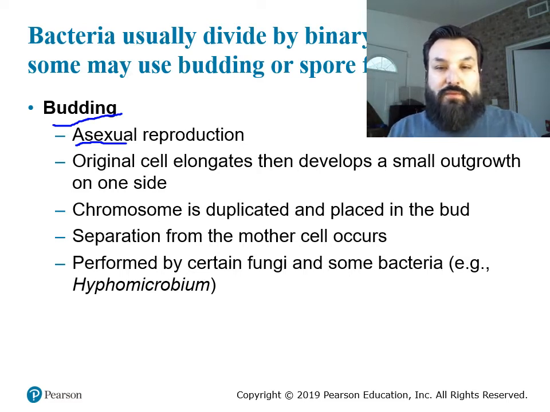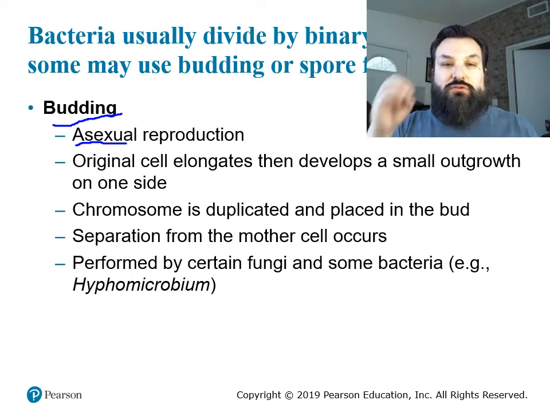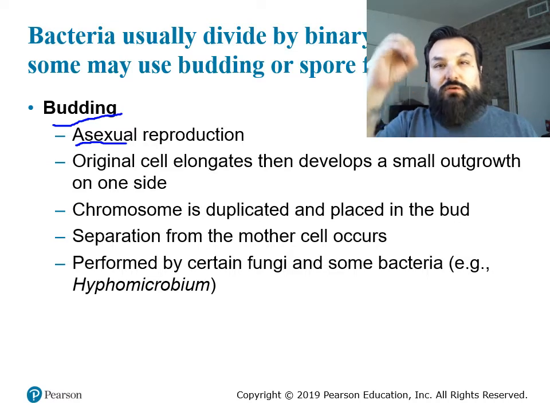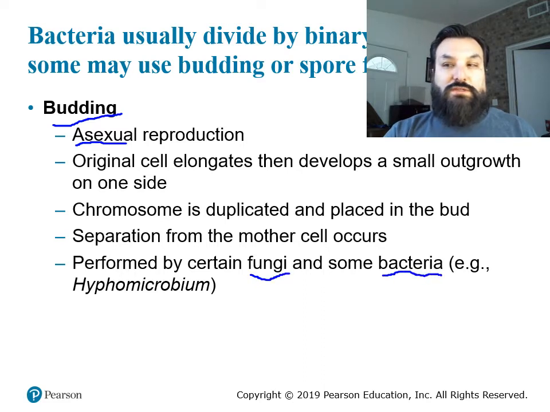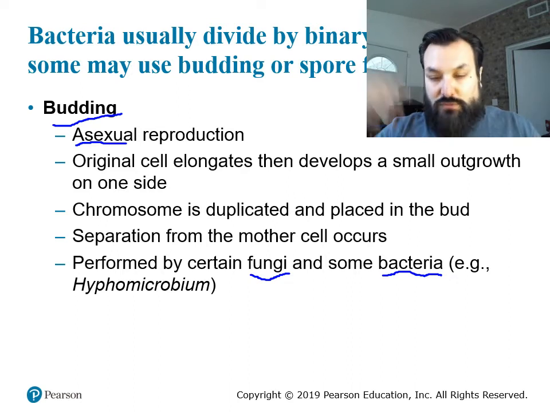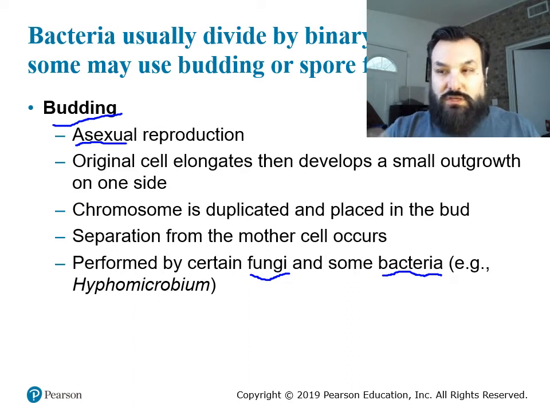Any of the chromosomes that are made in the original bacteria, or we see this sometimes in fungi because fungi do this, they duplicate the chromosomes and put that into the bud formation. The separation occurs, and the smaller bacteria or fungi will cleave off and grow in size, and they'll grow to a normal size, and then these species will become other individuals in the same process of budding.